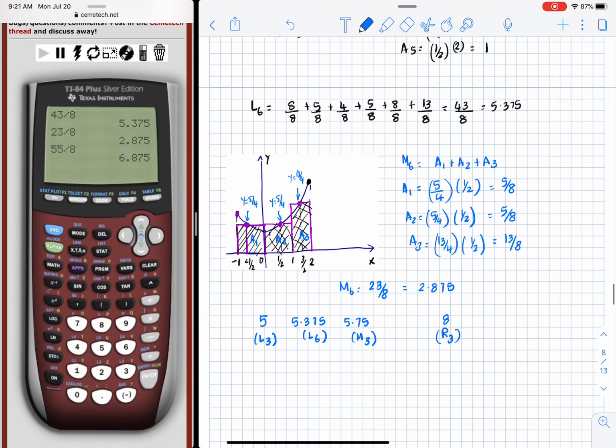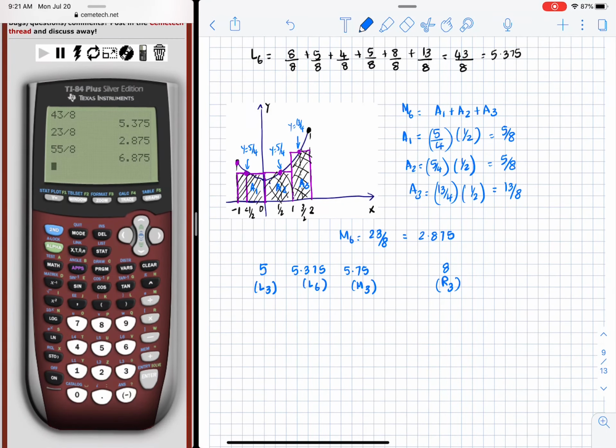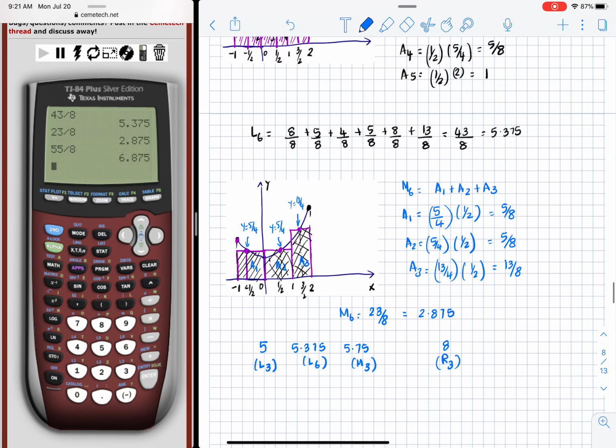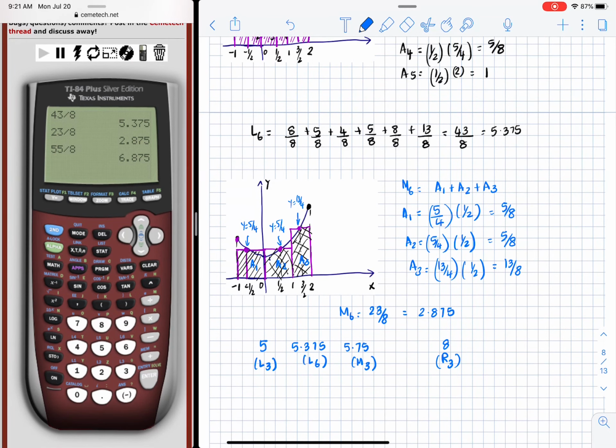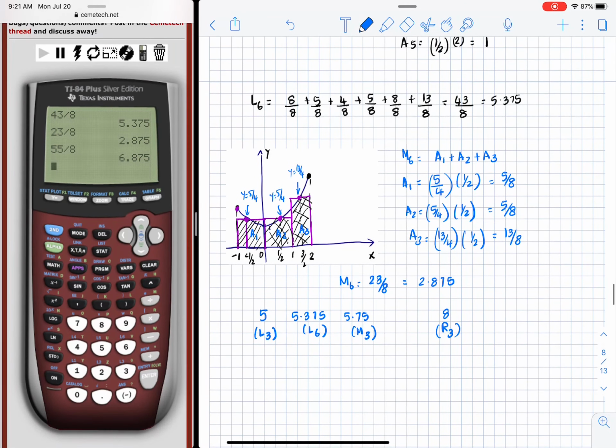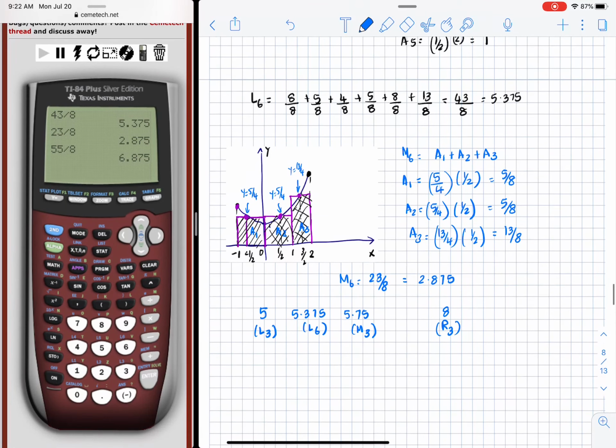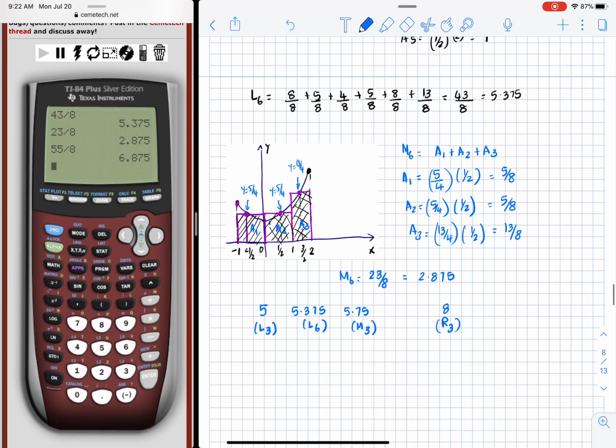M6 looks like I made a mistake in M6. The width. Bad mistake there. The width is not 1/2. If you look at the rectangles, the width over here is 1. Width over there is 1. Width over there is 1.